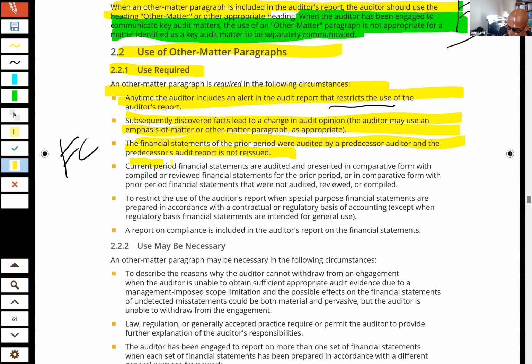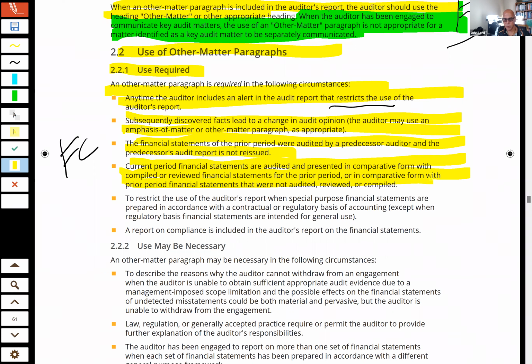The current period financial statements are audited and presented in comparative form with compiled or reviewed statements, or in comparative format with statements that weren't compiled, reviewed, or audited. So what happens? I audit the current year statements, 2022, we'll say. But let's say in 2021, the statements were only compiled.